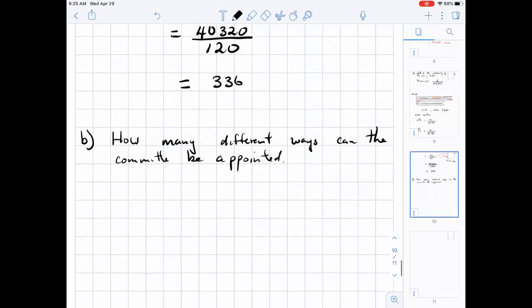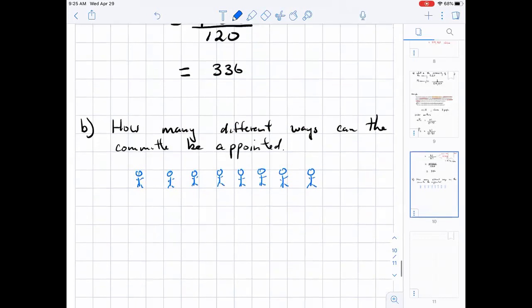So generally speaking, the president can be in a committee. And obviously order doesn't matter here. Think of this scenario: you have 8 people, and one of them is the president. So you put these 8 names in a bag and you shake it up.